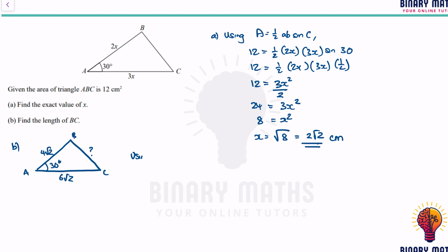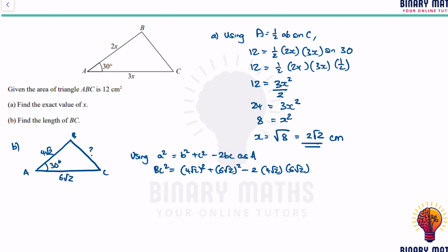So using a squared is equal to b squared plus c squared minus 2bc cosine A. That means A is what I'm trying to find, which is BC squared. So BC squared must be equal to 4 root 2 squared plus 6 root 2 squared minus 2 lots of 4 root 2 times 6 root 2 times cosine 30.